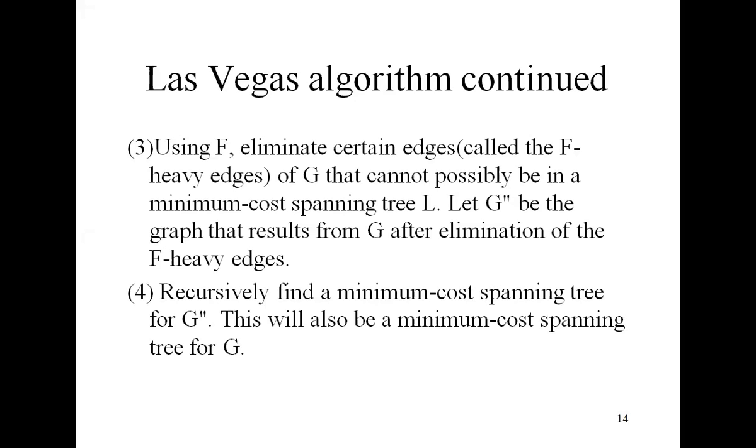So always we try to construct the minimum cost spanning tree. In this, we are using a randomized algorithm. I already explained Kruskal's algorithm and Prim's algorithm for minimum cost spanning trees, but those algorithms are deterministic. Here we are using a randomized algorithm. In randomized algorithms there are two types: the Las Vegas algorithm and the Monte Carlo algorithm.